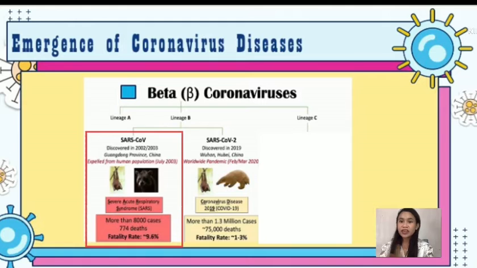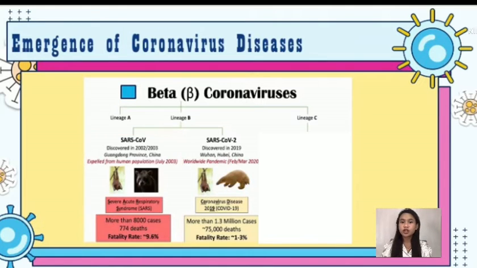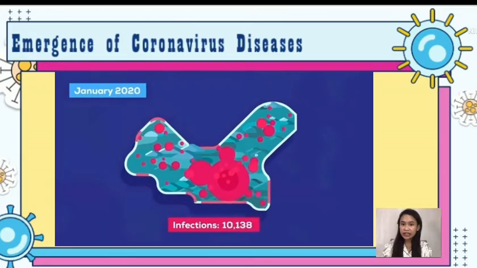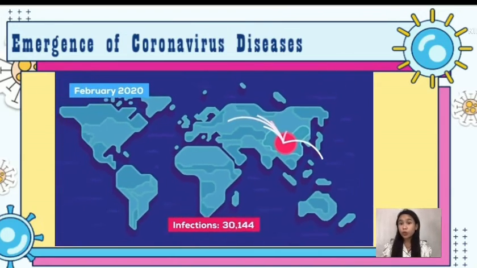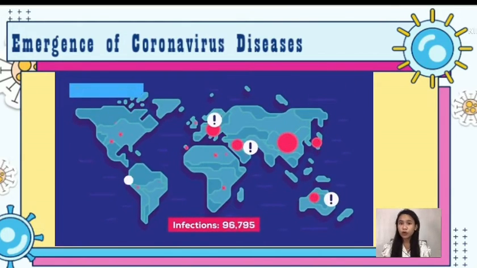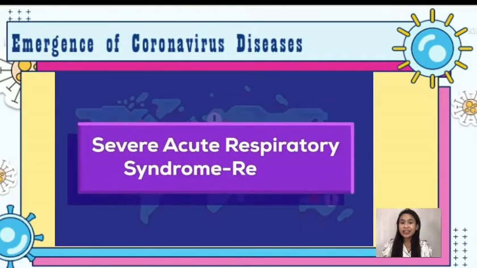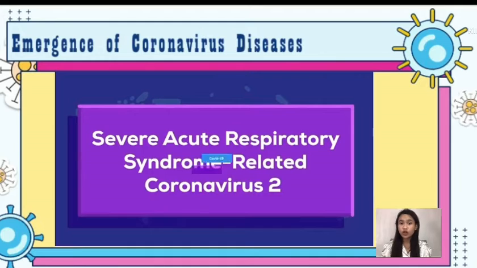That's SARS. Then the next one is the SARS-CoV-2, also known as coronavirus 19. As I said earlier, it was discovered in late 2019 in Wuhan, China, and became a worldwide pandemic starting from February to March of 2020. It is said that it came from a bat and was transmitted to humans.